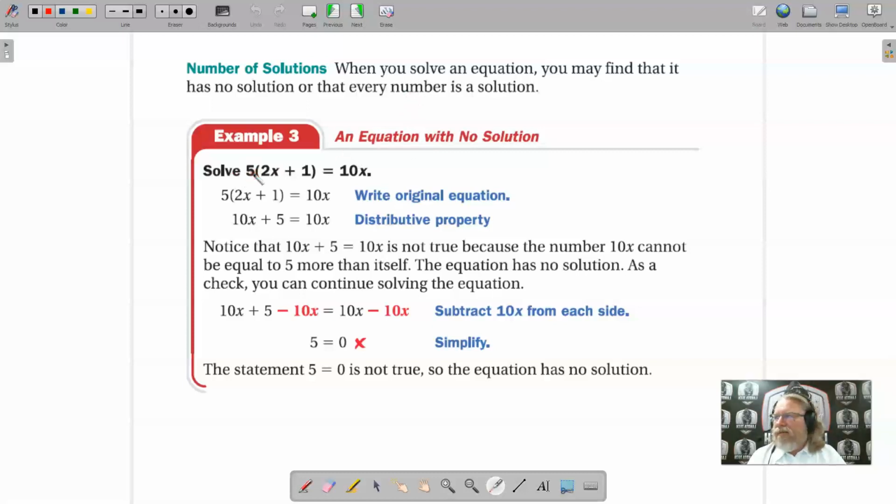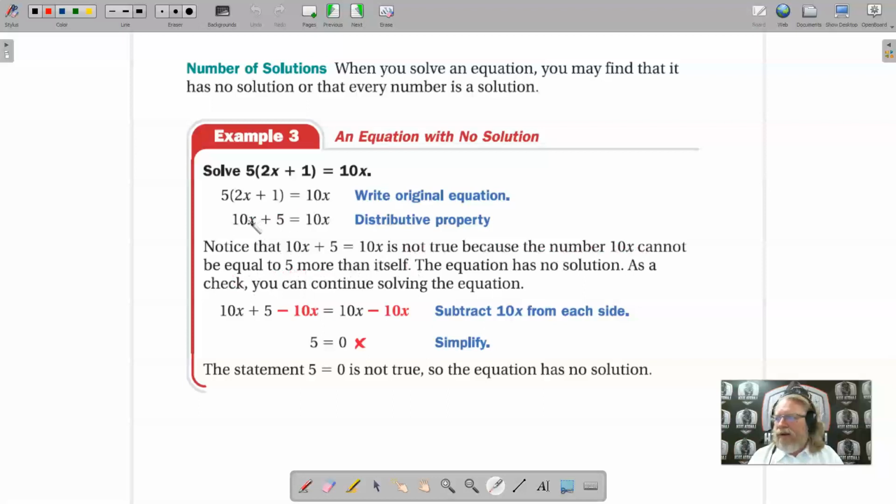So if we solve 5 times the quantity of 2x plus 1 equals 10x, we rewrite the original equation, and then we distribute the 5 into the 2x and get 10x. 5 times 1 is 5, and we end up with 10x plus 5 equals 10x. Well, notice that 10x plus 5 equals 10x is not true because the number 10x cannot be equal to 5 more than itself.